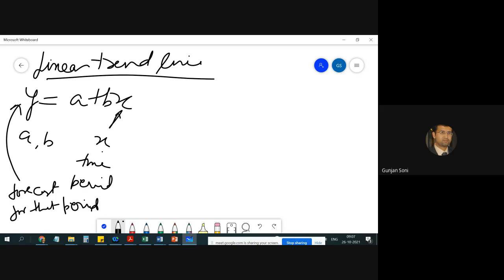Okay, so now let's go ahead. How do we calculate these constants A and B using the maximum likelihood or least squares method? We come to these values.